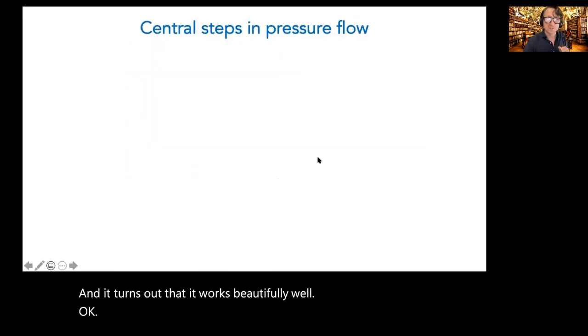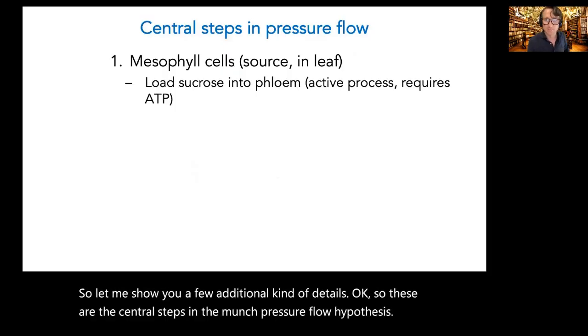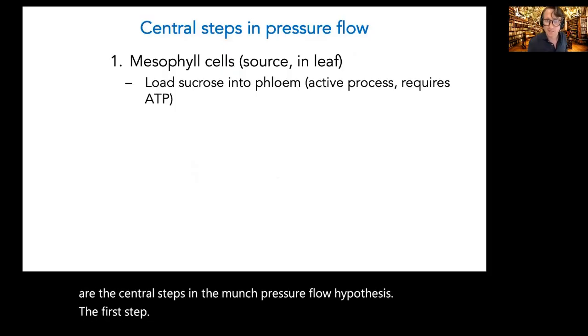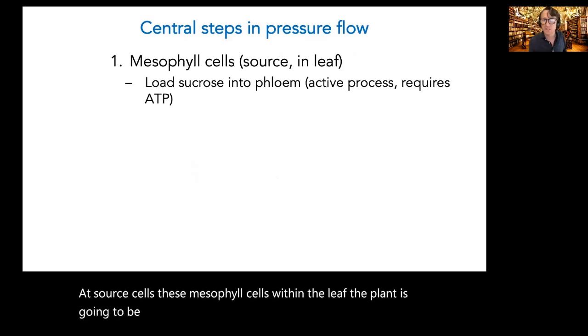So let me show you a few additional details. Okay, so these are the central steps in the Münch pressure flow hypothesis. The first step, at source cells, these mesophyll cells within the leaf, the plant is going to be actively loading sucrose into the phloem. This is an active process.